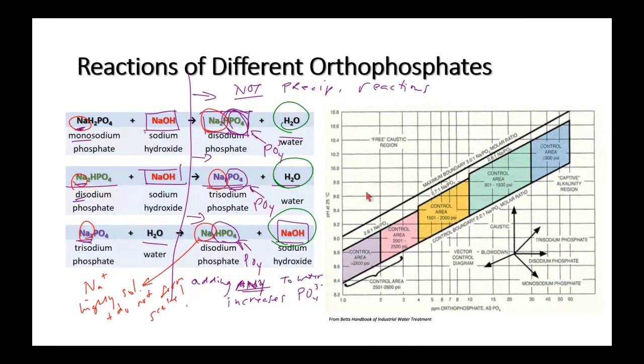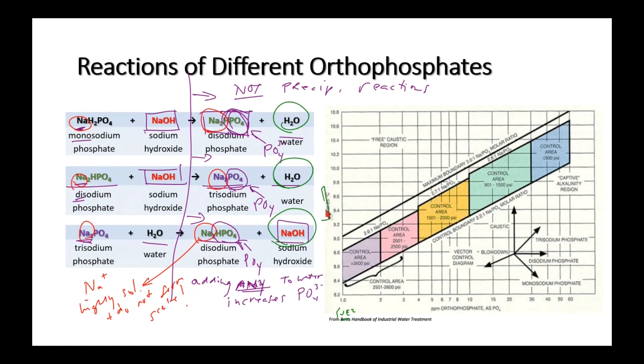So let's now take a look at this chart to the right. This little chart is from the Suez Handbook of Industrial Water Treatment that you can find online. Very, very important book. Let's see what they say about these three phosphate species.